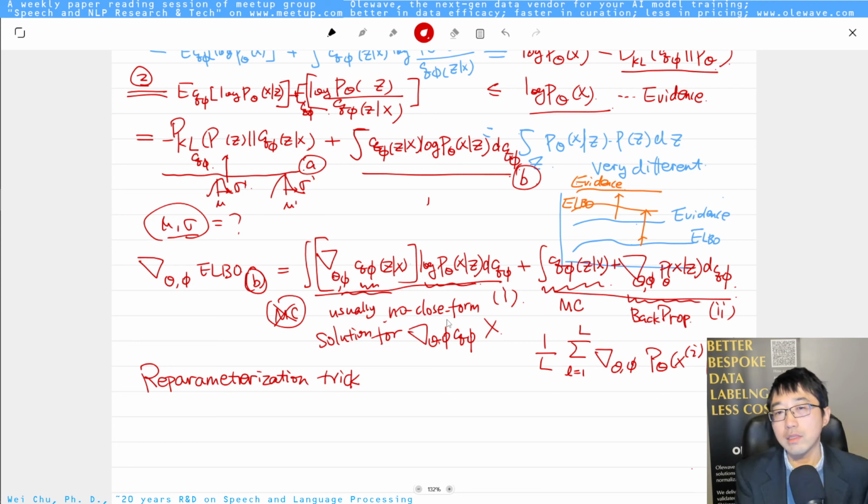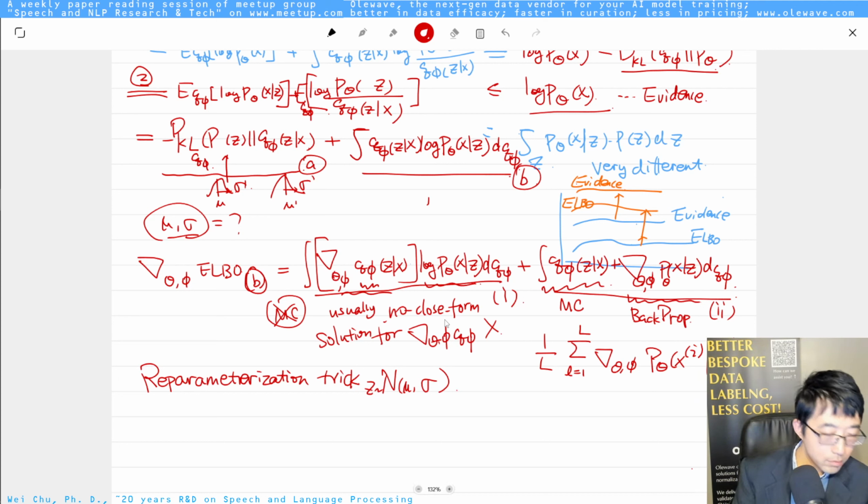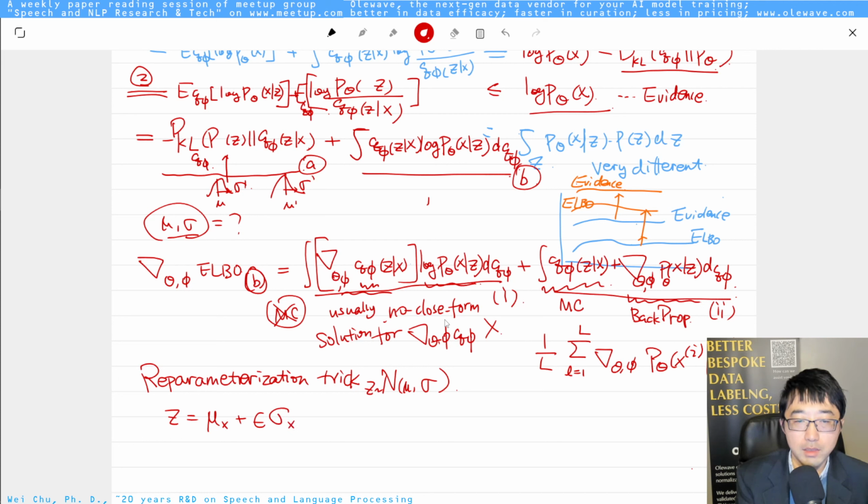So look at Z. Like we mentioned, Z follows the distribution, right? So you can write the Z as mu of x plus epsilon sigma x. And epsilon follows a distribution, p epsilon.